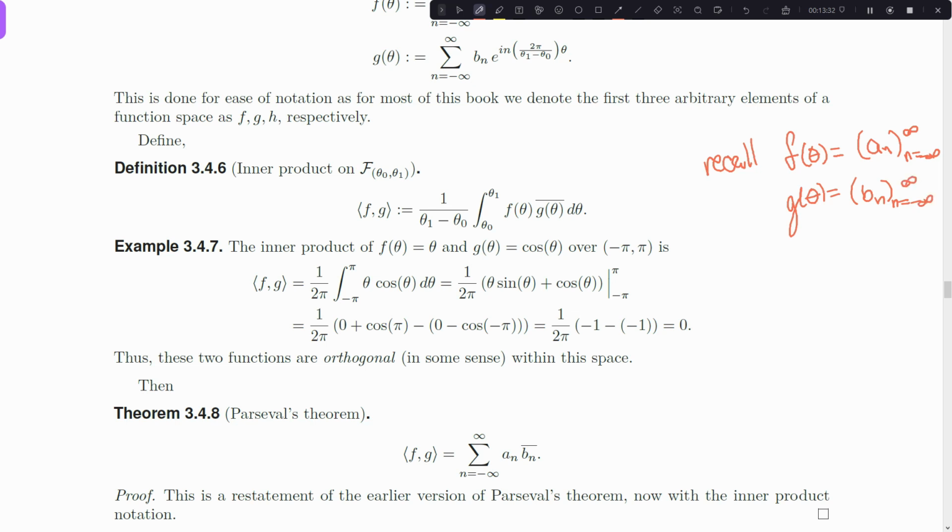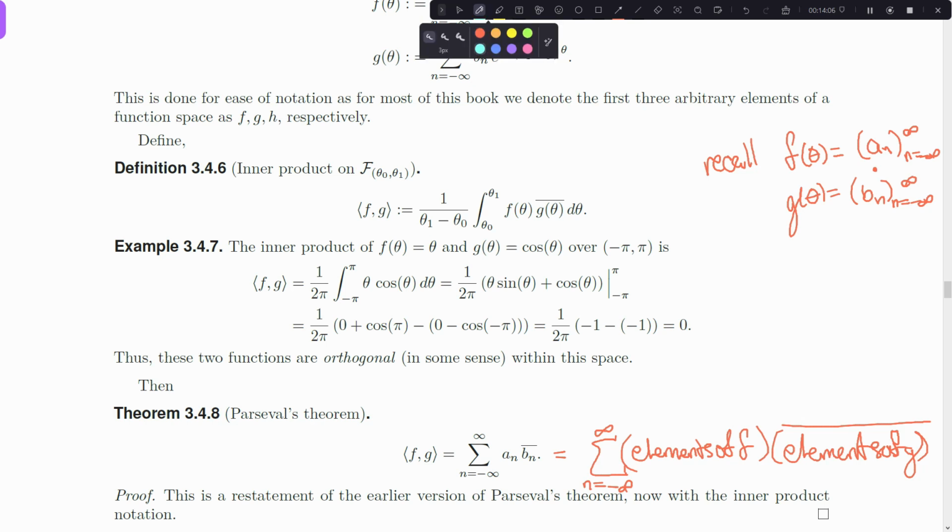And it turns out that their inner product is the elements of f times the elements of g conjugate, and then summed over all of their indices. And that's why this looks like an inner product, because if I were to take the true dot product of these two, that looks exactly like the inner product of two infinitely long vectors.